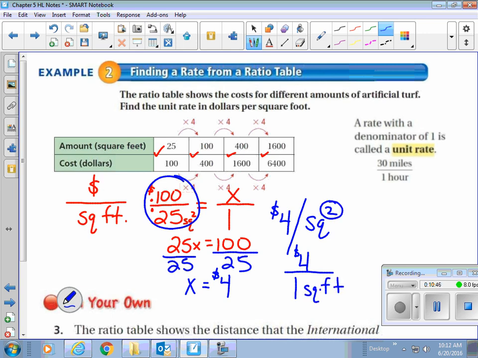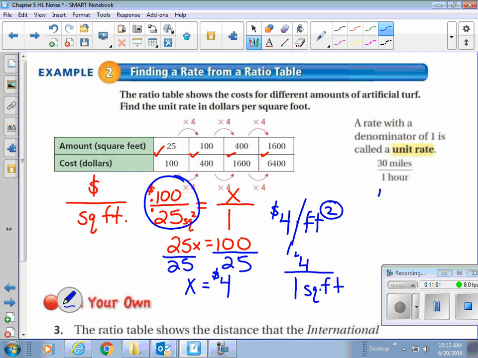This is just me squaring the foot, so this should actually say foot. $4 per feet squared, or square foot. And that would work for any of them.